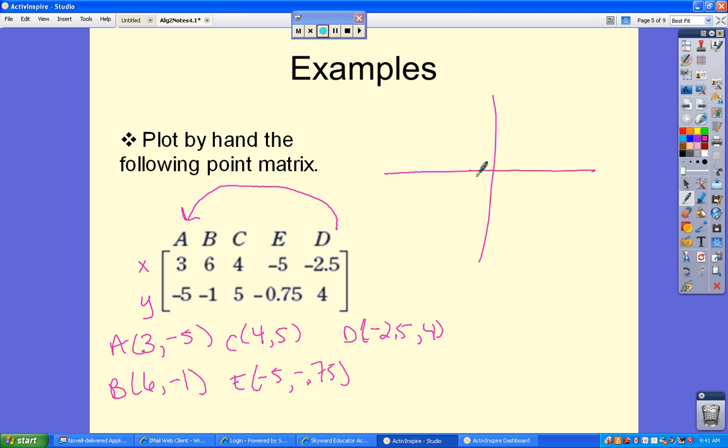Let's look what we have here. A is at 3, -5. Okay, so there's A. B is at 6, -1. C is at 4, 5.